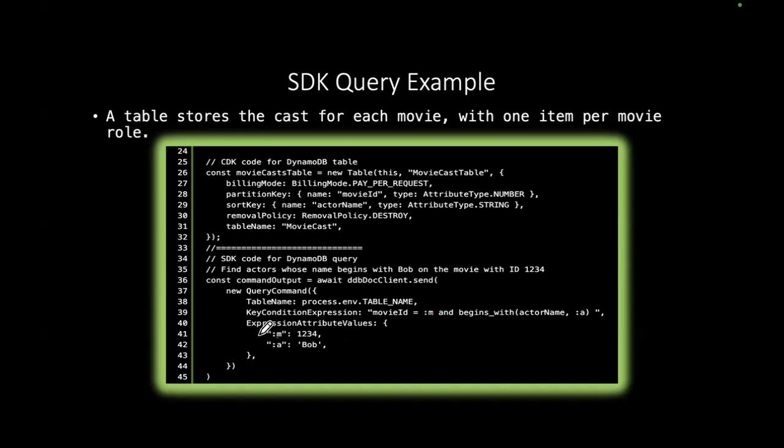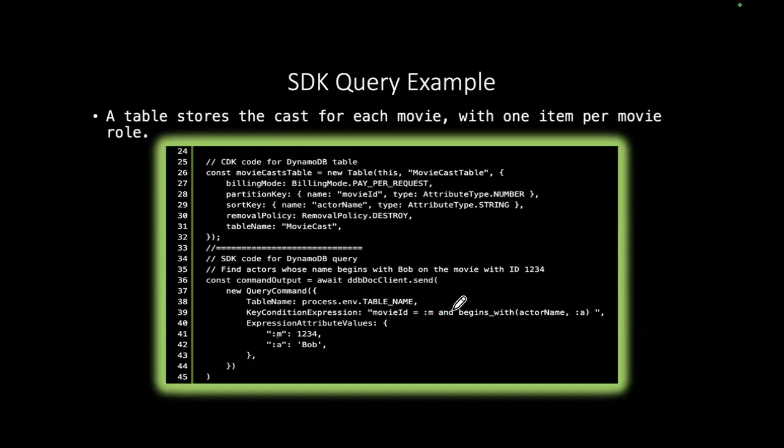So again, it's a query. The query is limited to the partition key, sort key part of my table, and it can't go beyond that. The expression is, you could just say movie ID equals this and leave out the AND part. In that case, you're getting all of the items in a collection.